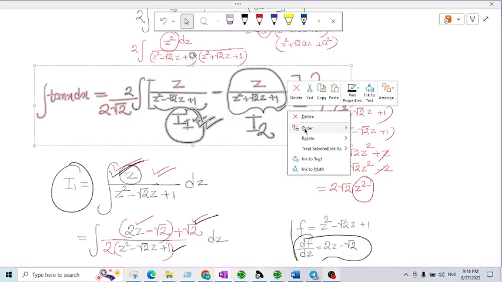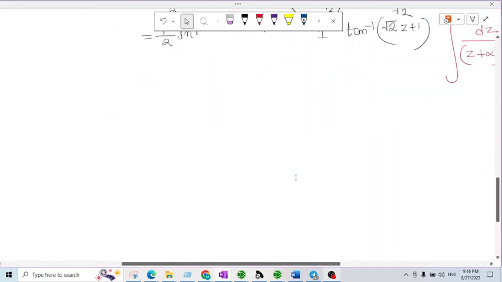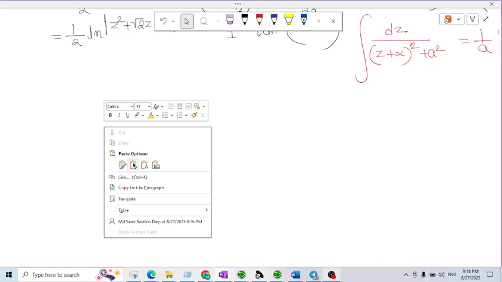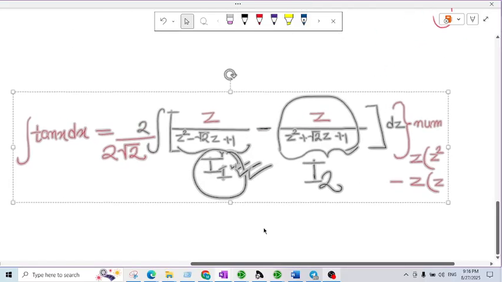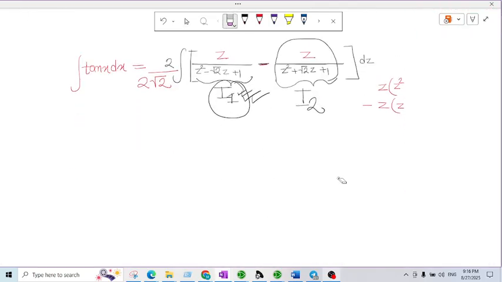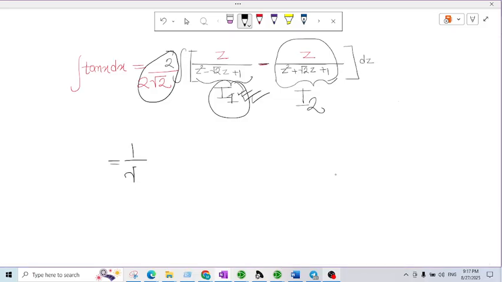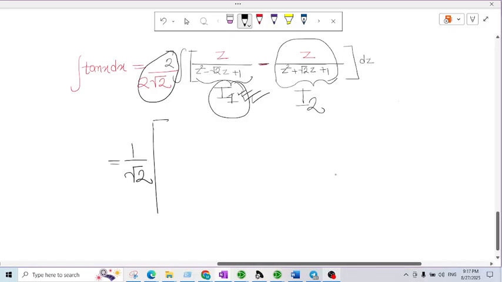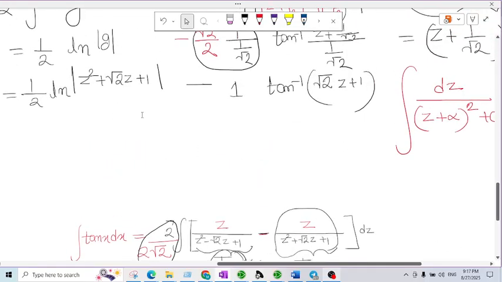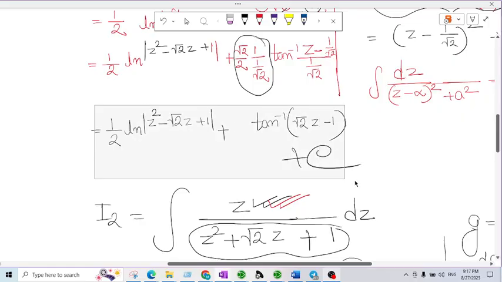So let's see. Let me copy this thing, and then again let me paste this thing, and now I need to place these values I1 and I2. So this is simply equal to 1 by root over 2. Well, now I1 first, I1 is actually equal to this, right?